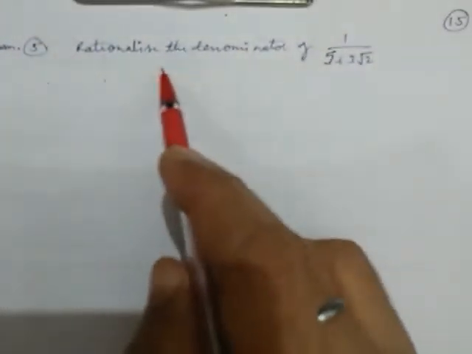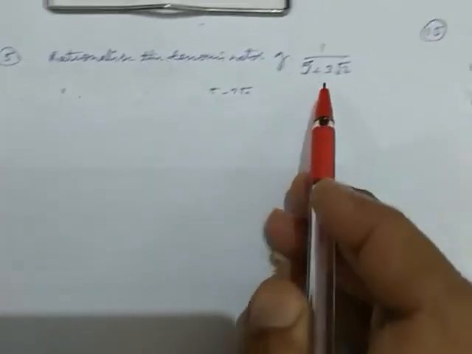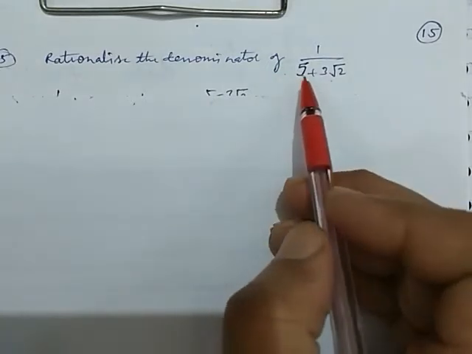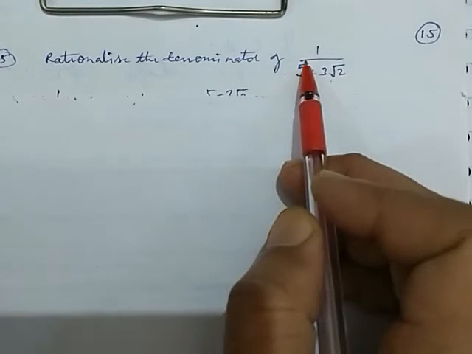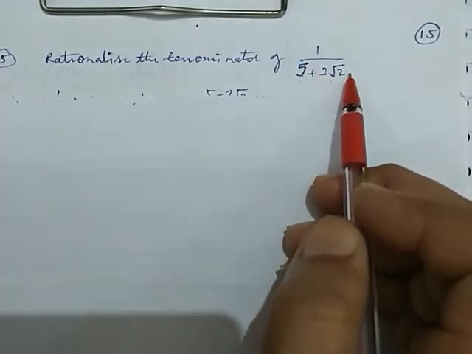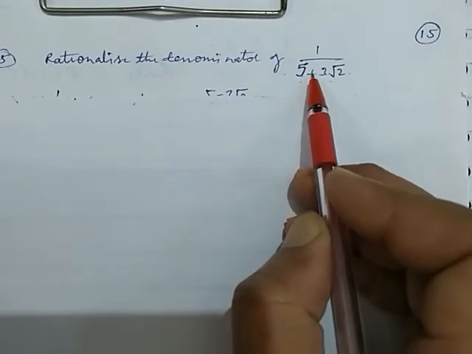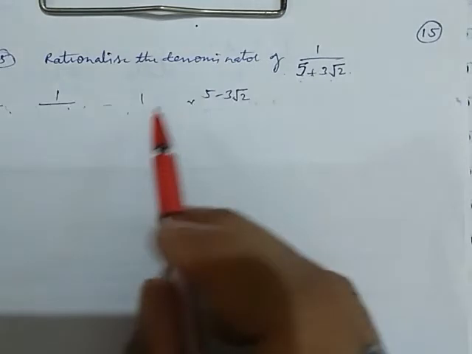Now here we take another example. Rationalize the denominator of this. Here our denominator has a number which has two parts. One part is rational and the other part is irrational. So how do we rationalize this? We just put the negative sign here. That is, change the sign here and multiply numerator and denominator both.